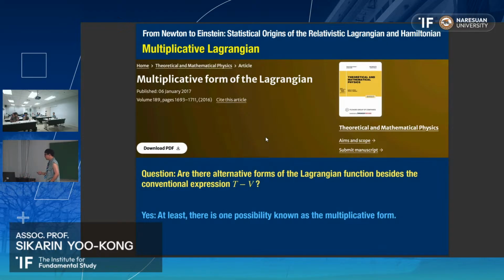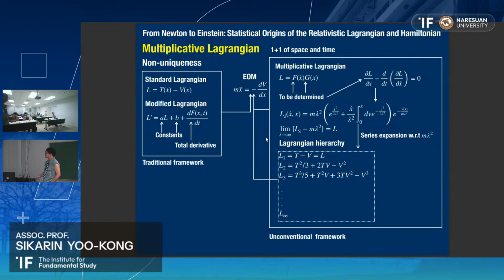We start with this form of the Lagrangian because there is a function f, which is a function of x dot, and another one we call g, and f and g must be determined. I put here 1 plus 1 space-time because we have one parameter x and one parameter time.